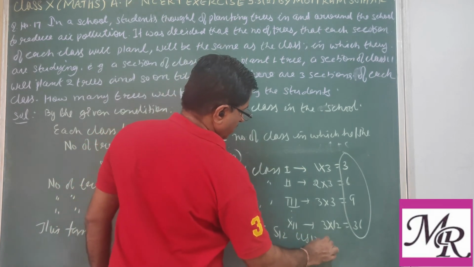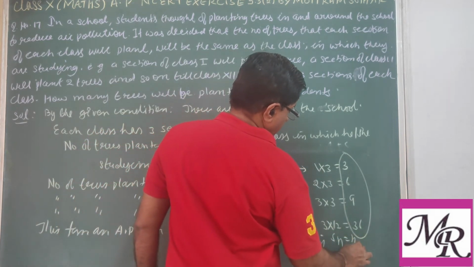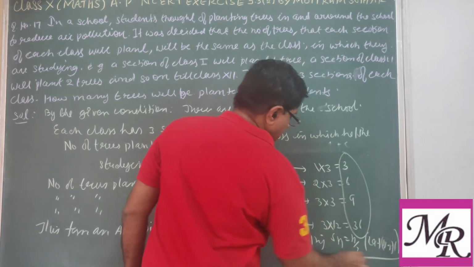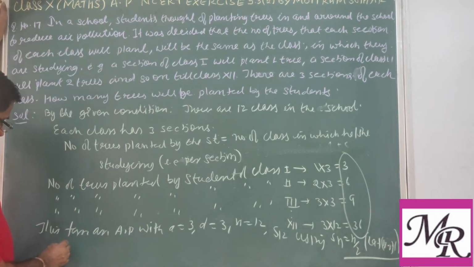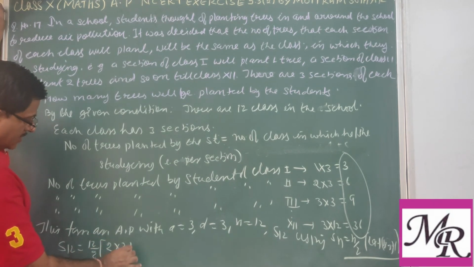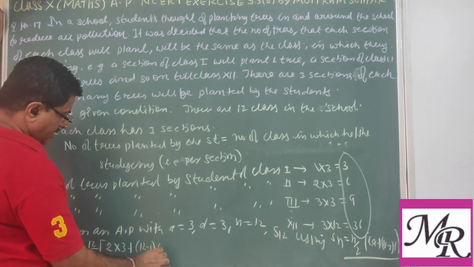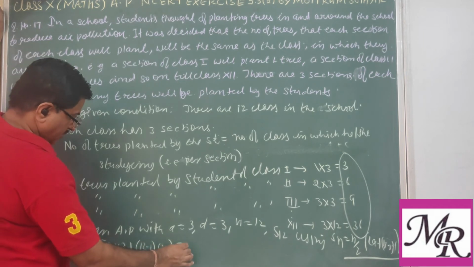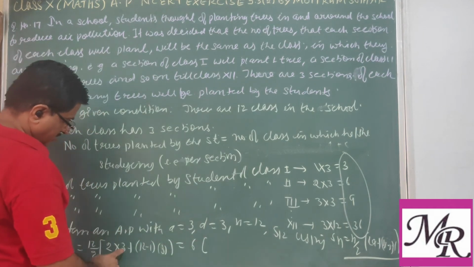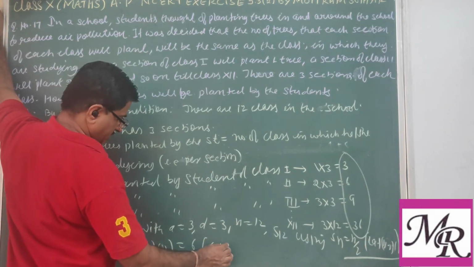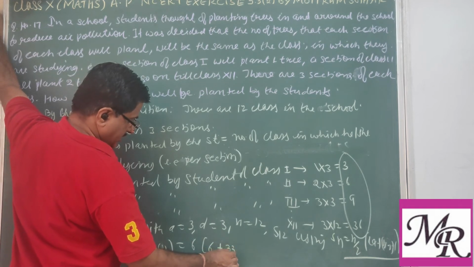Using the formula Sn equal to n by 2 into 2a plus n minus 1 into d, we have to use this formula. So S12 equals 12 by 2, 2 into a, that is 2 into 3 equals 6, plus 12 minus 1, 11, into d, that is 3, so 33.